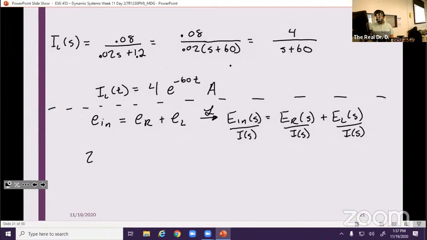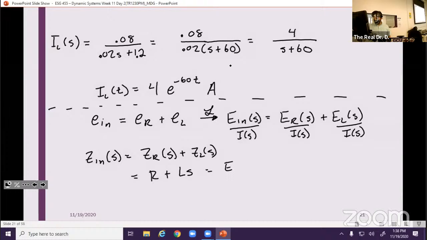So this is what we'll call Z in of S is equal to ZR of S plus ZL of S. This is going to be R plus LS, and that's equal to E in over I of S, but I want I of S.